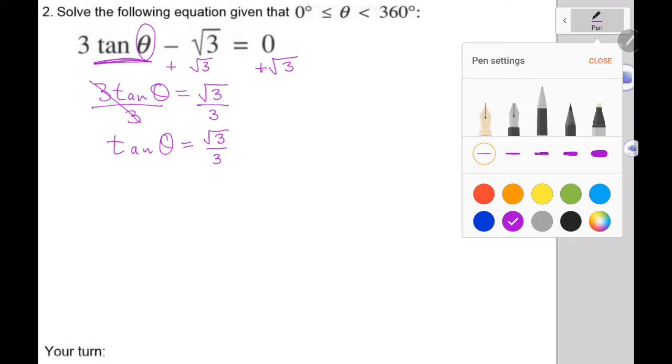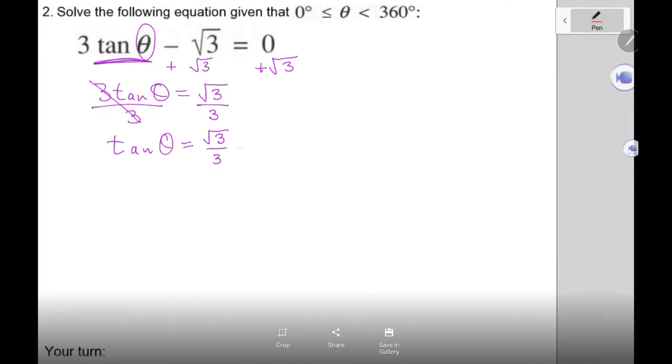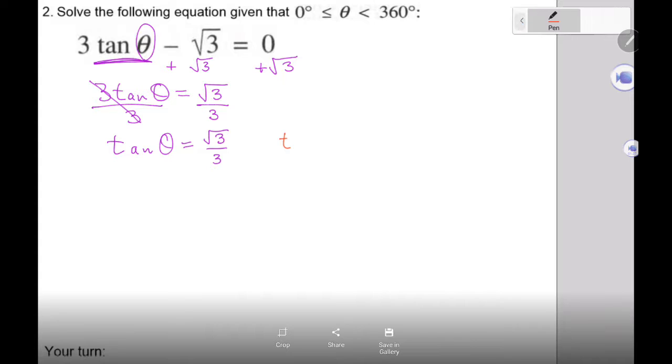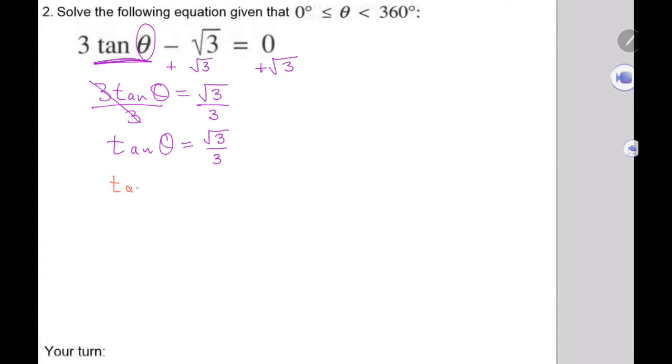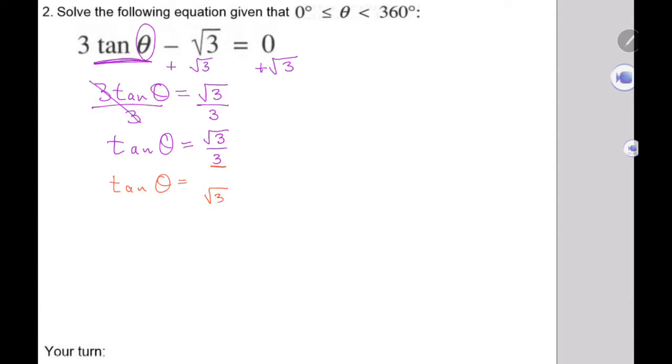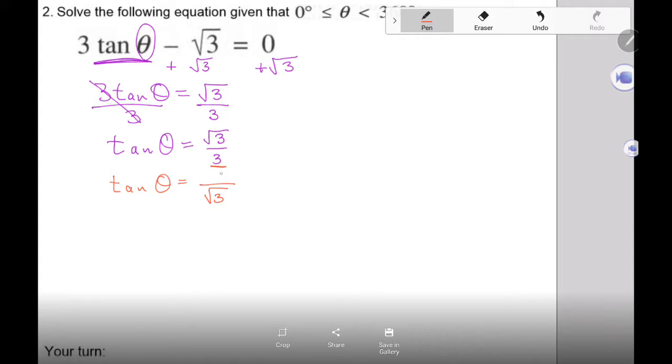But what we're going to do is say, if it had been like this, we kind of have to think backwards. I'm sorry about that. We say the tangent of theta. You know how we don't like to have a radical down here? What if that used to be a radical? What if there was a square root of 3 on the bottom, and we multiplied the top by the square root of 3 and the bottom by the square root of 3?